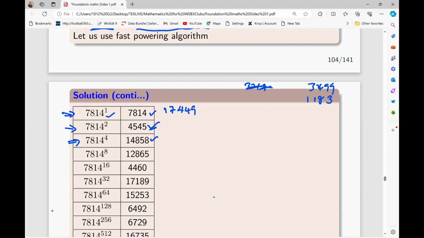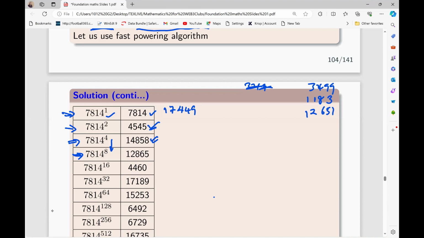Now square this line to get the next line. Square this 14,858 times 14,858. You get now a huge number, 220 million. Divided by our divisor, 17,449, it's going there how many times? 12,651 times.